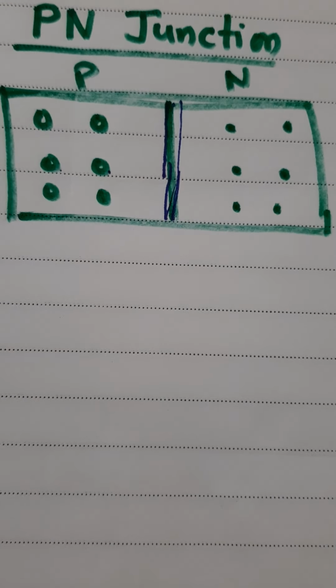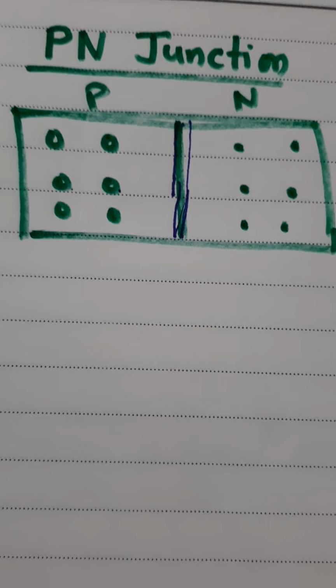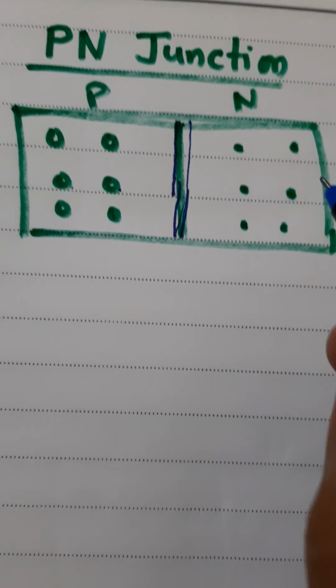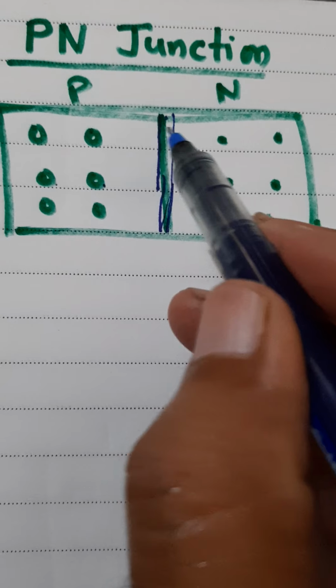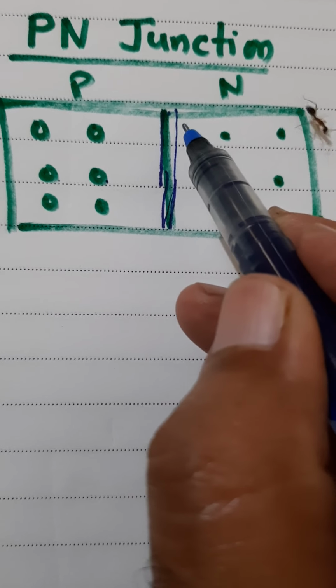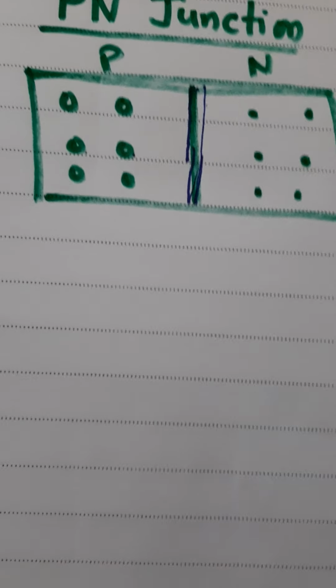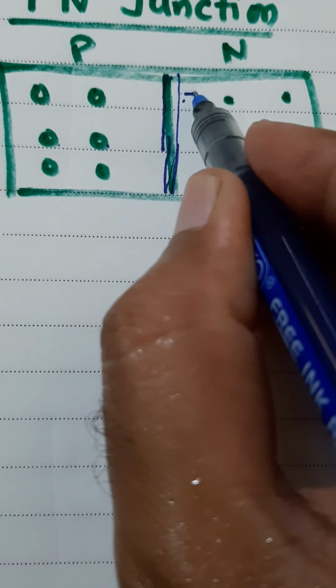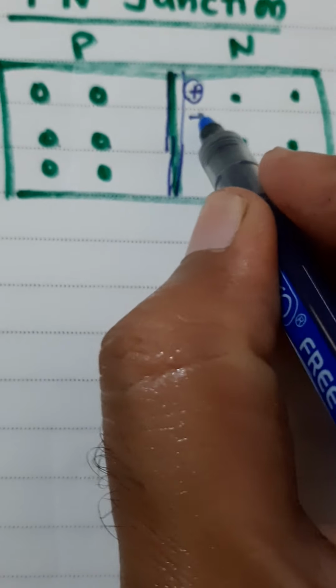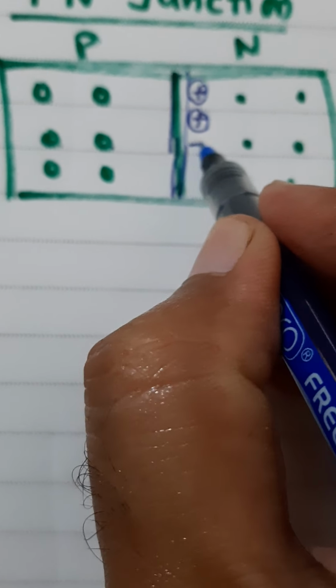Due to thermal agitation, the majority charge carriers diffuse to the other side. That means the positive holes will diffuse to the n side, and the positive vacancies will be here.